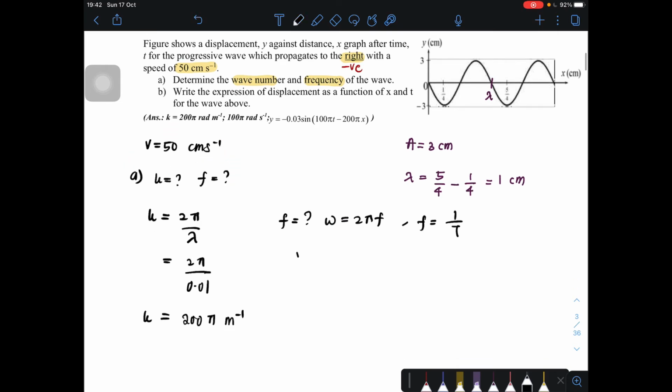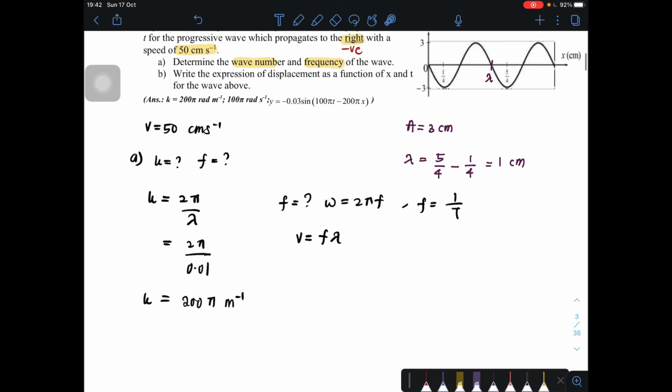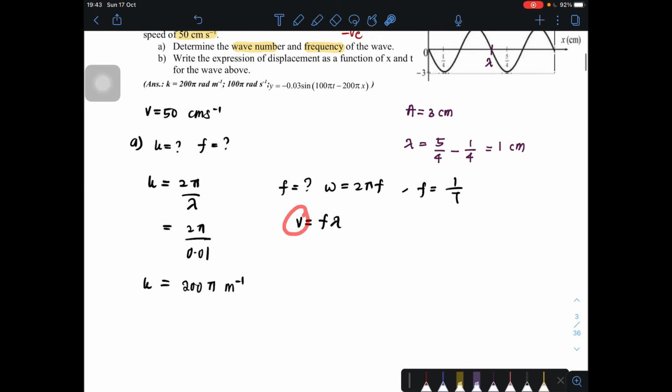And we know speed is equal to f lambda. So lambda we already have, and v we already have. So just substitute 50 divided by lambda, which is 1 cm. Here you must use centimeter, so we can cancel that unit.